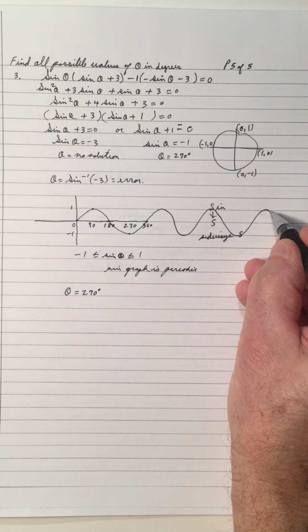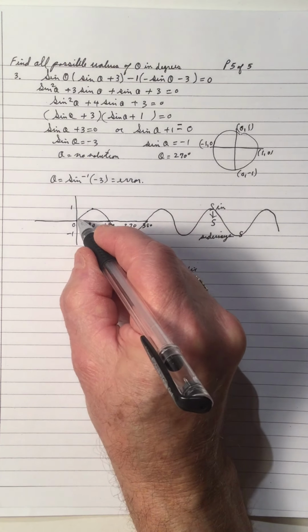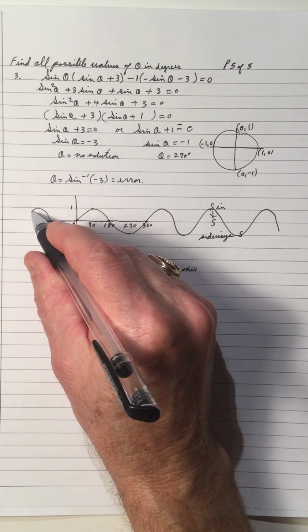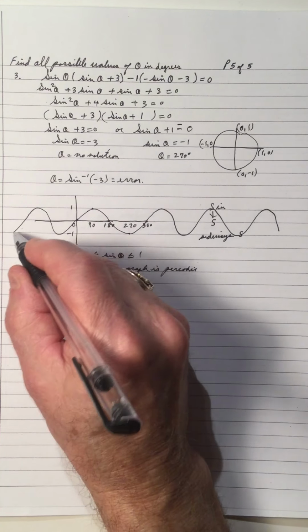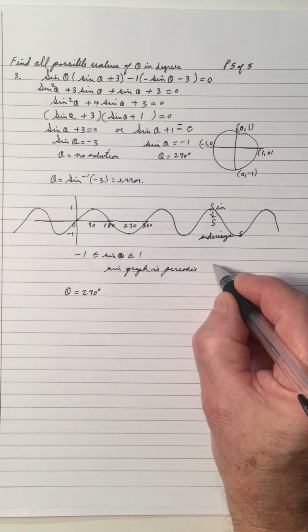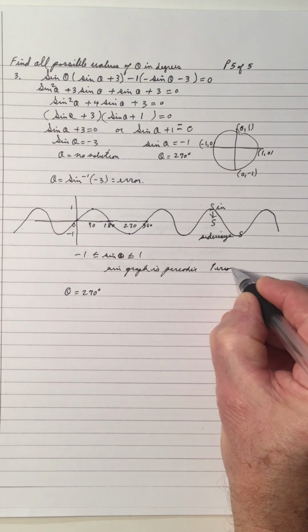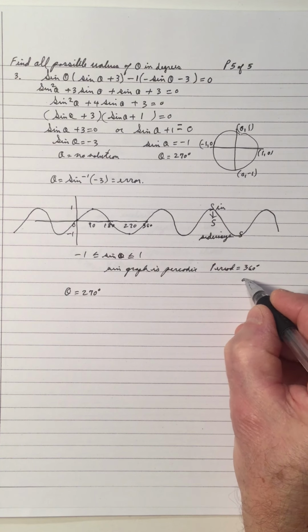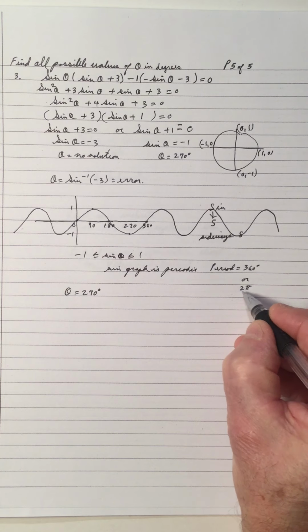It'll keep on going, and it'll come back here, down, up, etc. Keeps on going, so it's periodic. And the period of the sine graph is 360 degrees, or it could be 2 pi in radians.